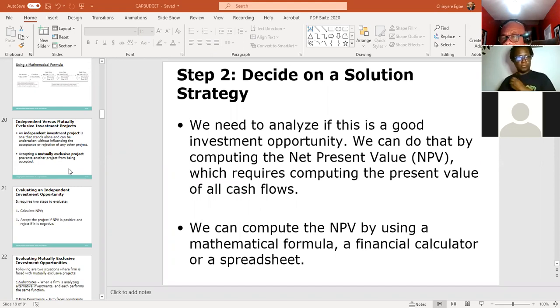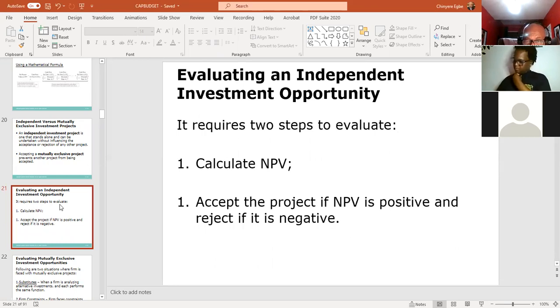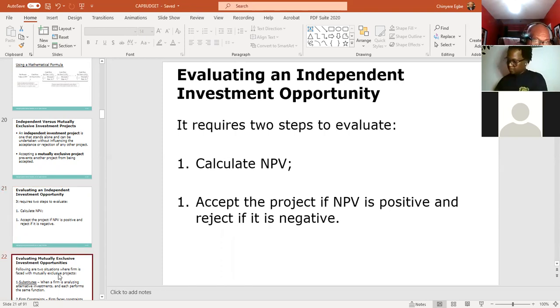What method are you going to use to evaluate investment? Is it going to be net present value? Is it going to be IRR? So we have already done that. We have decided for that asset, we're going to use the net present value because we calculate the NPV and accept the project if NPV is positive and reject if negative.